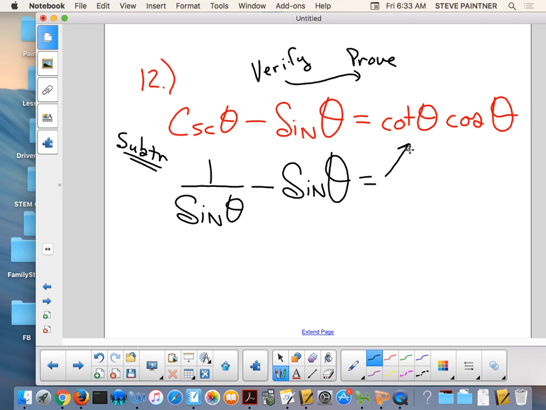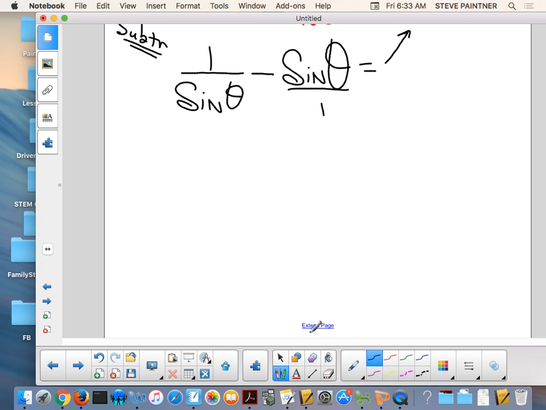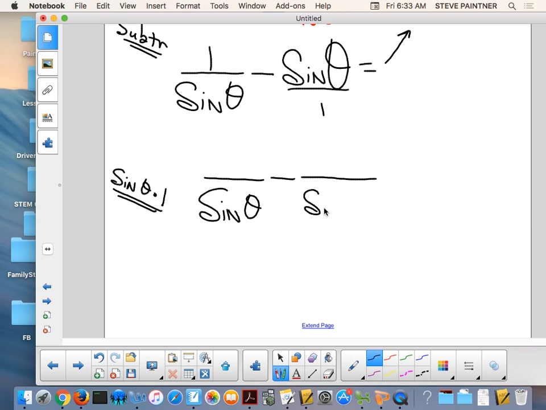Okay, here we go. It's a subtraction problem. So what's the common denominator? Well, you take the denominator sine of theta times the other denominator, 1. That is the common denominator. So you want what on the bottom? Sine of theta minus sine of theta. Okay?